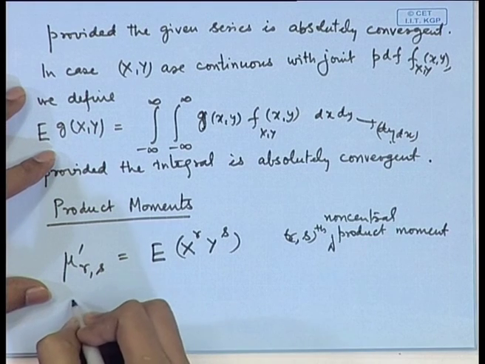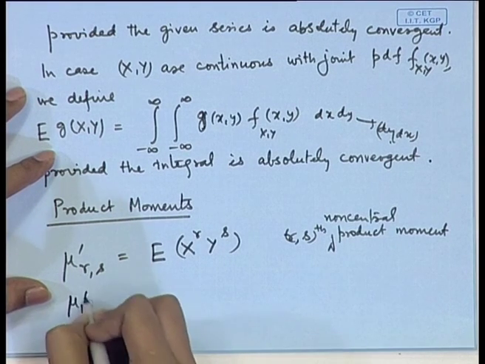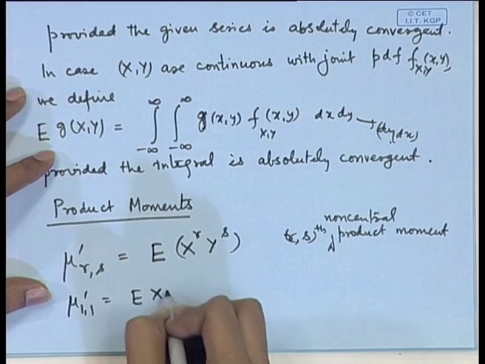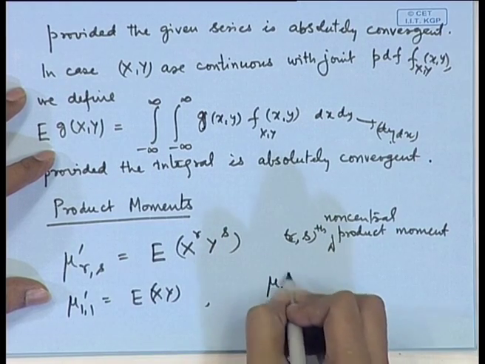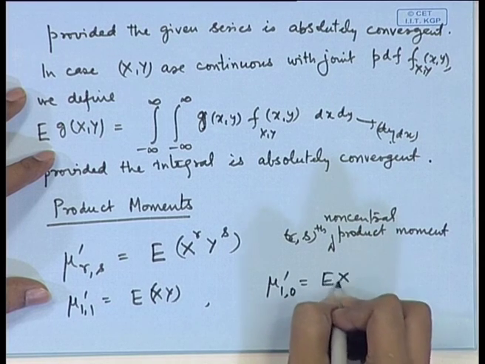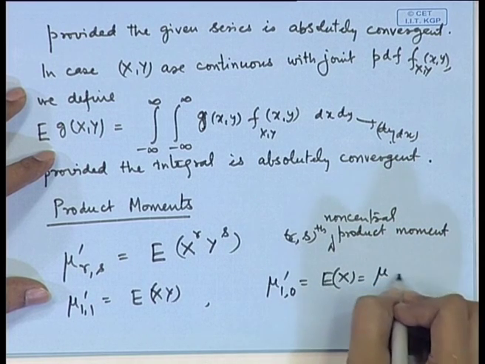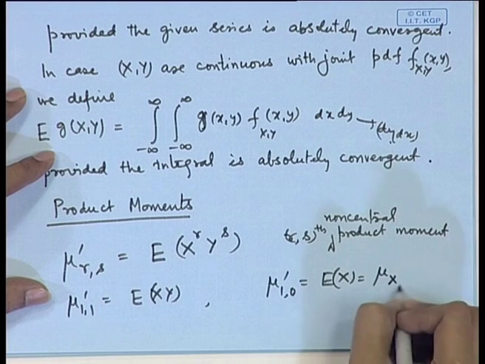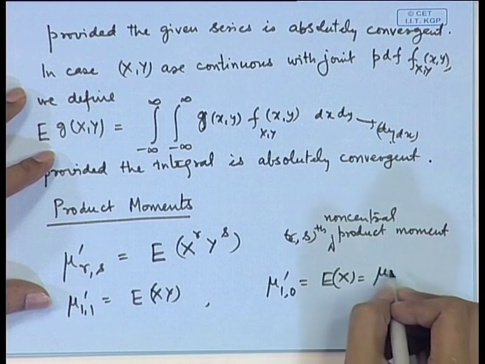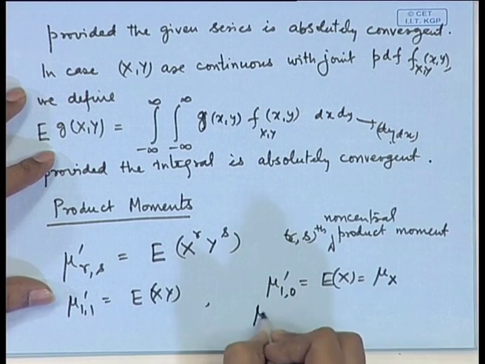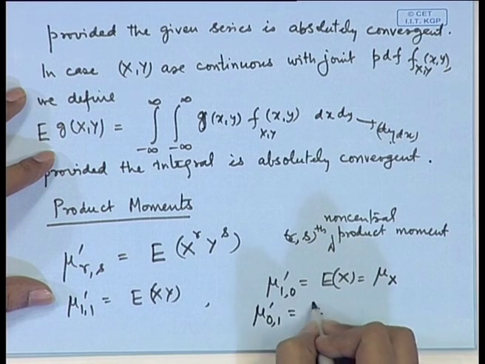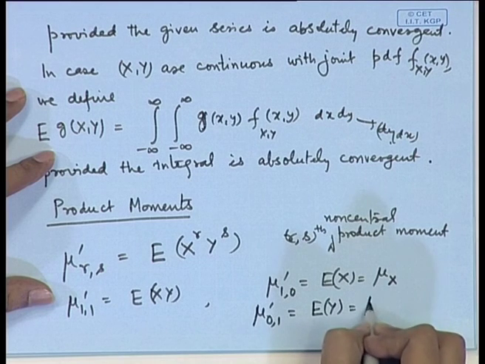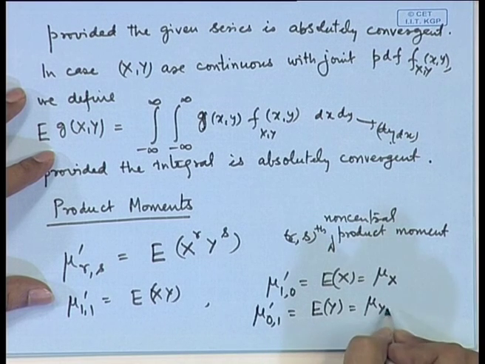So, in particular we can consider mu_{11}', that is equal to expectation of XY. If we consider mu_{10}', that is expectation of X, that is the mean of X or the expected value of the random variable X. Similarly, mu_{01}' is equal to expectation of Y, the expectation of random variable Y.